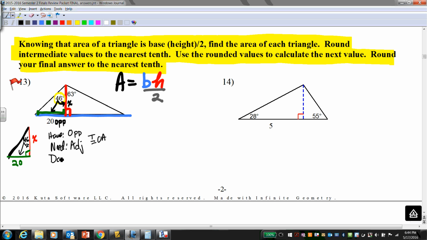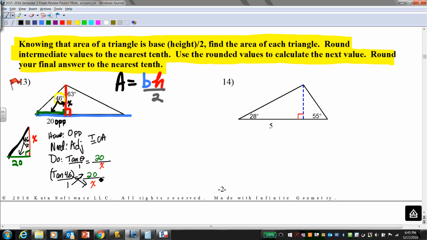So we write tangent of theta over 1 equals opposite, which in this case is 20, over adjacent, which is x. Now we're going to solve tangent of 46 degrees over 1 equals opposite, which is 20, over adjacent, which is x.